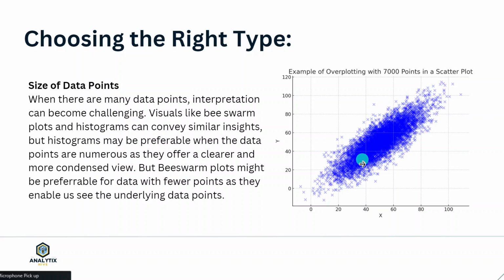We have so many data points that it becomes hard to make sense of this visual. The issue may not necessarily be that the scatter plot is not the right chart option to use, but the size of the data points we want to visualize. In this case, we have about 7,000 points on a small area of our screen, making it so hard to make sense of what is going on here.